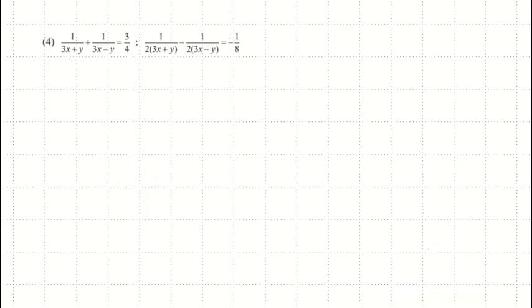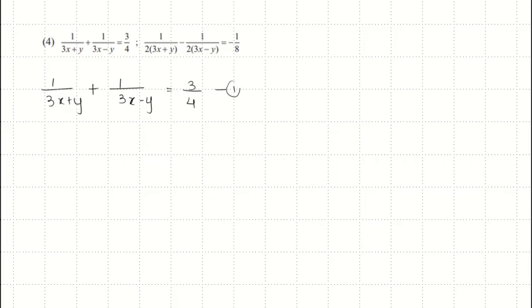Moving on to the next question. If you see there are multiple numbers in the equations, you do not need to hesitate by looking at the equation. Just try to make the equations a little simpler. So first write down the given equations here. The first equation is 1 upon 3x plus y plus 1 upon 3x minus y is equal to 3 upon 4.